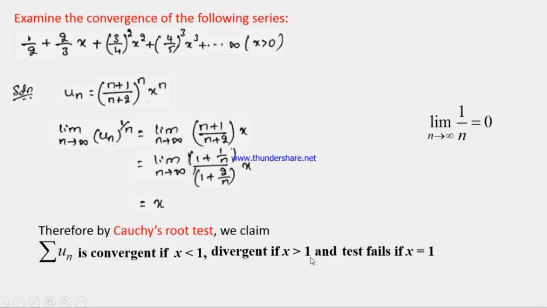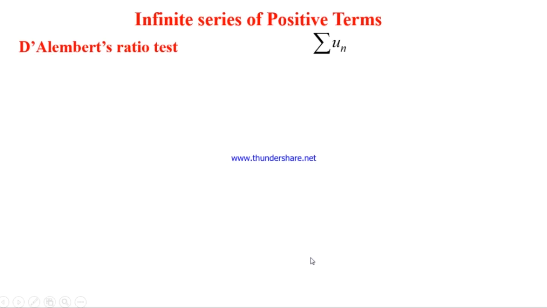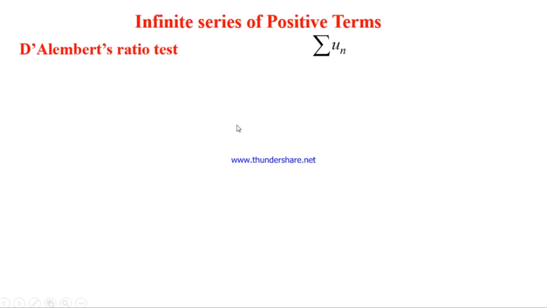I think you people are comfortable with Cauchy's root test now. Now let me try to understand how D'Alembert's ratio test works. In this method, we will find the value of the ratio u_(n+1) by u_n as n tends to infinity.